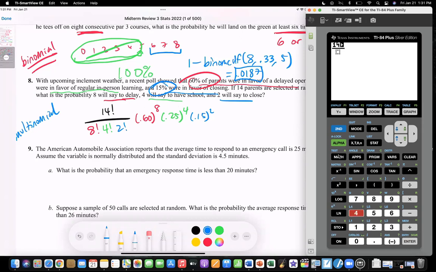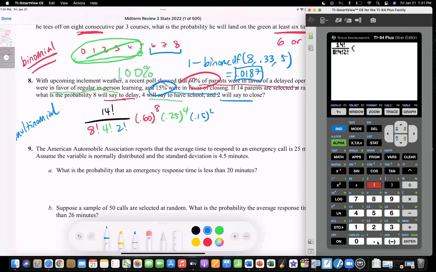Okay, so 14, and I can't do it like the last one. So I'm going to use the factorial a bunch of times here. So 14, 8. Once you get the shortcut, it's really just math, left, and then 4. And then 2. I don't really need the factorial for the 2. I'll put it anyway, just so it looks nice. So it looks exactly the same.